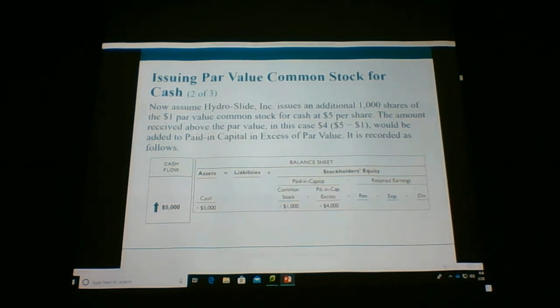So what we're going to do here is increase paid-in capital in excess of par by $4,000. Assets go up by $5,000. No liabilities to account for. Equity goes up by $5,000, but in two parts: $1,000 common stock, $4,000 paid-in capital in excess of par.